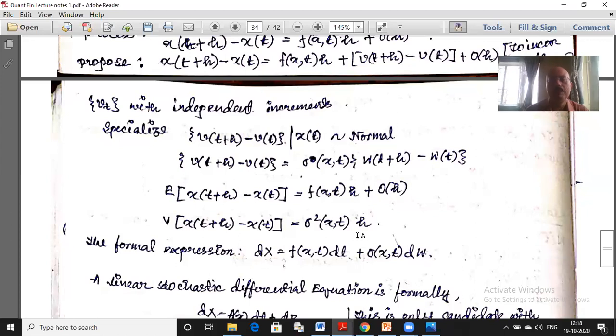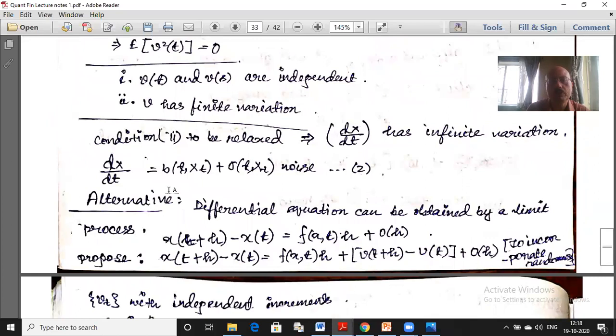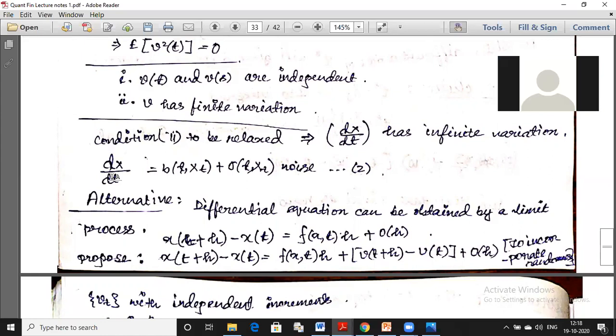Now suppose I wanted to go back to the original equation 2 and wanted to find the variance of dx/dt. Can I find it? What would be the order of the variance of dx/dt?